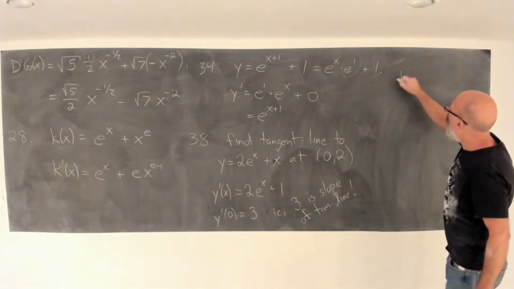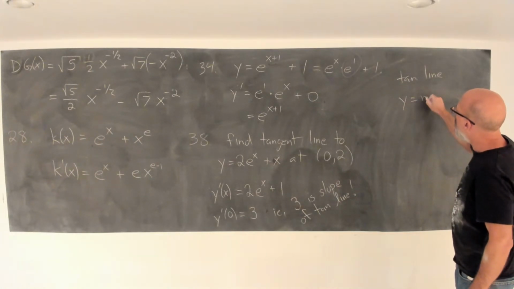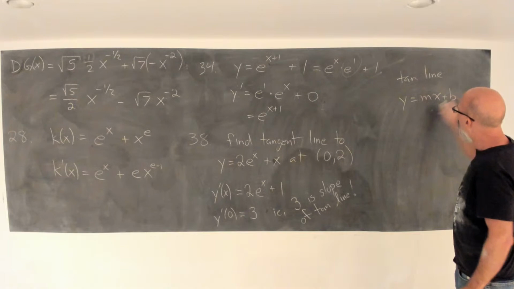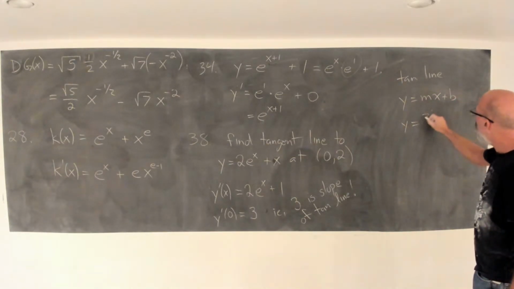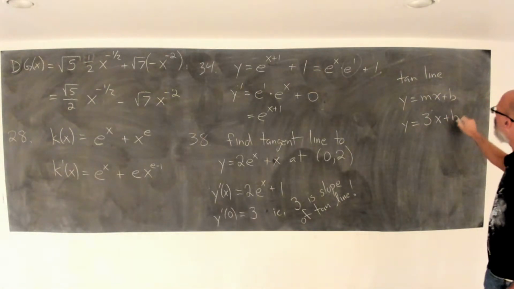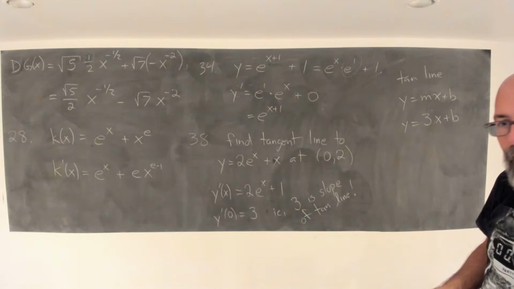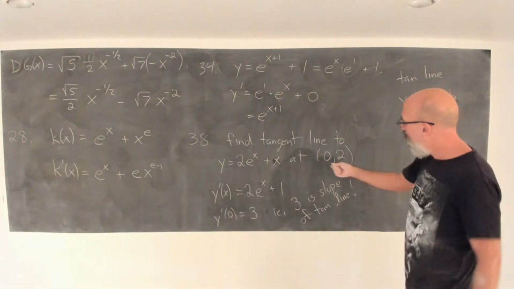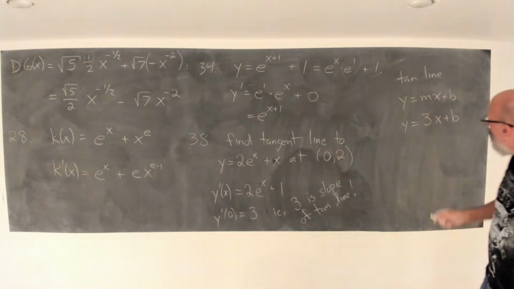So your tangent line, which has the form y equals mx plus b, well, we now know that m is 3. Your tangent line has to go through the point 0, 2. So when x is 0, y is 2.